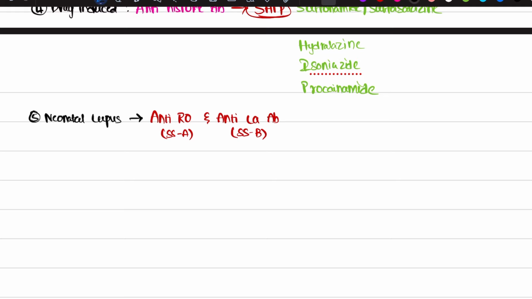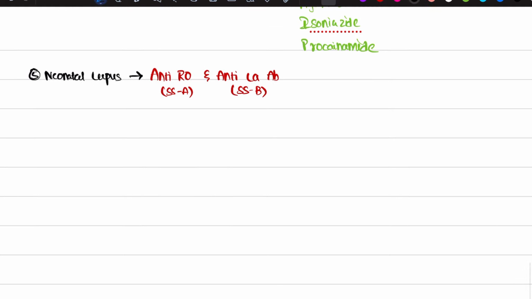And the next one is psychosis and CNS lupus. If the patient complains of psychosis-like symptoms, or there is something associated with the CNS, a lupus in the CNS, that is caused by anti-ribosomal P antibody.